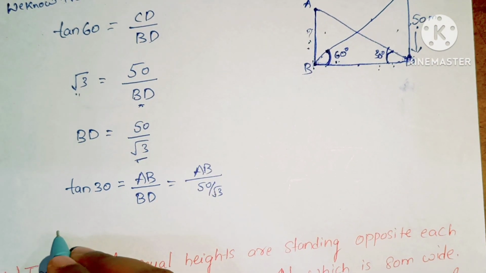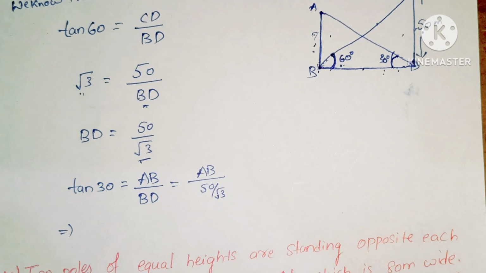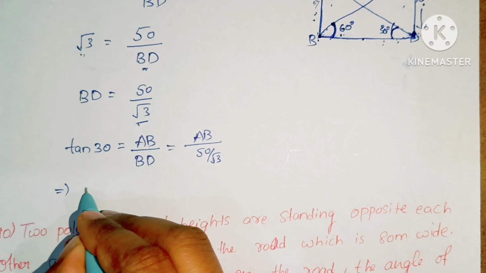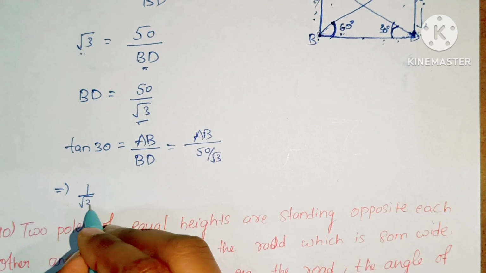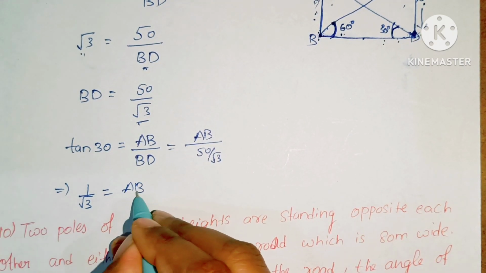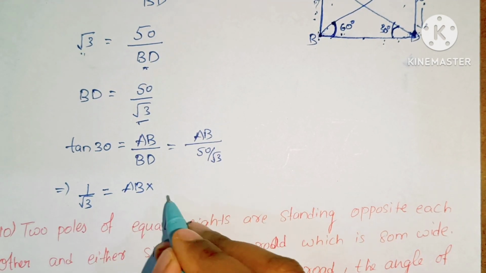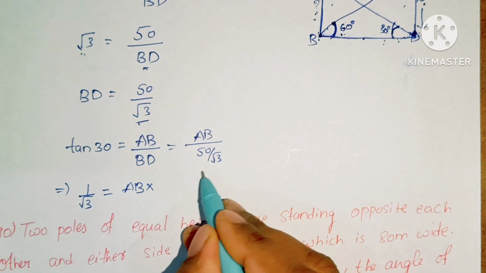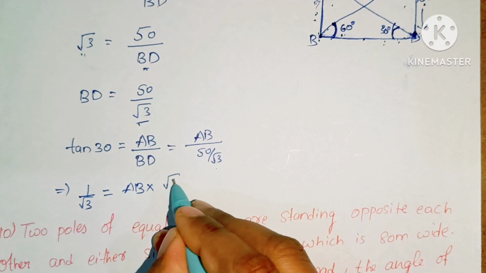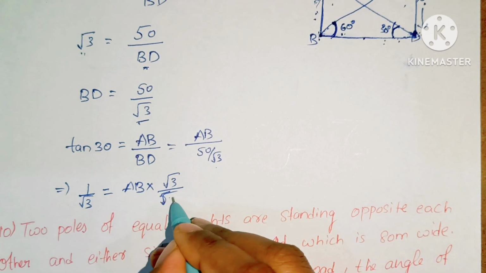Okay. So here tan 30 means how much value? 1 by root 3 equal to AB into 50 by root 3. If it was in division, right? If it comes in multiplication, the denominator will become what?